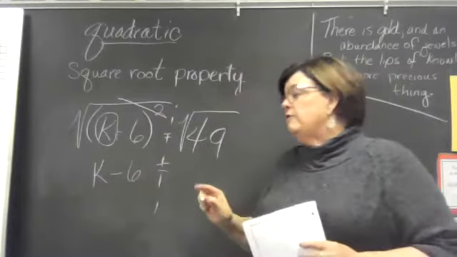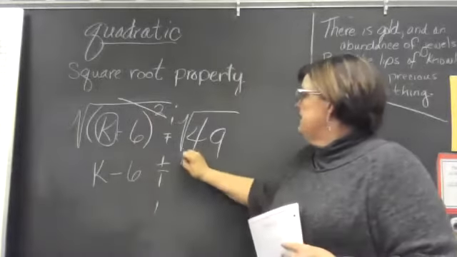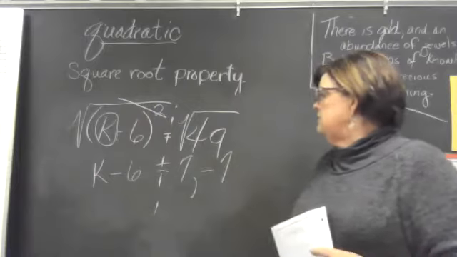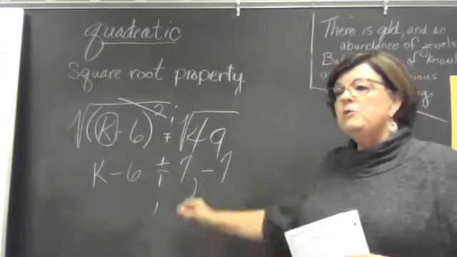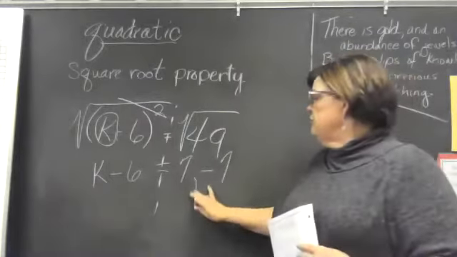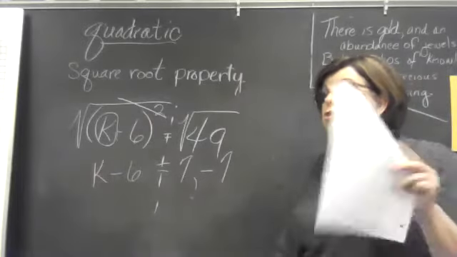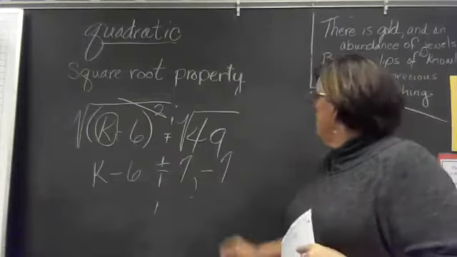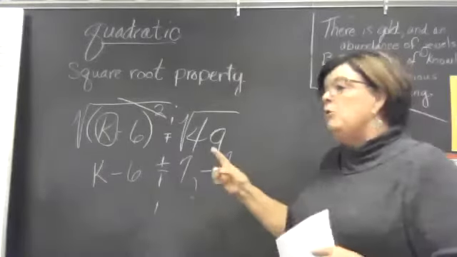Now, be careful here. It's going to be 7 and a negative 7. You guys know you can write it as plus or minus, but I want you to see for sure that there are two answers. So whenever you solve this, I would suggest that you write it separately.